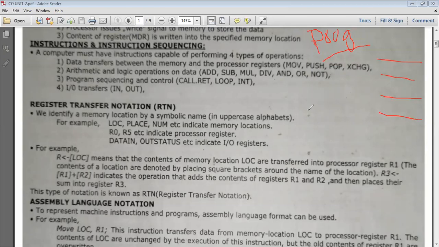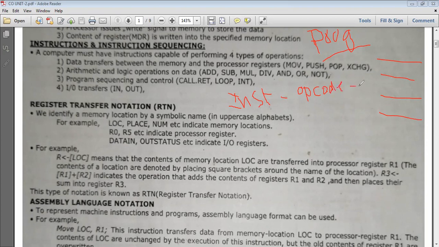Each instruction has an opcode plus operand. What is meant by opcode?